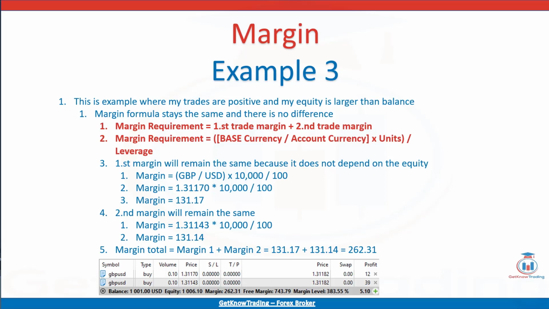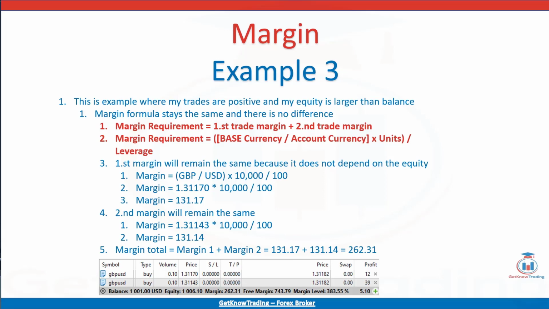I have left two trades open until they become profitable. And when that happens, the margin stays the same all the time. Two trades are positive and my account balance will increase if I close these two orders. If I close two orders at this moment, I will make $5.10, which will be added to my account balance.